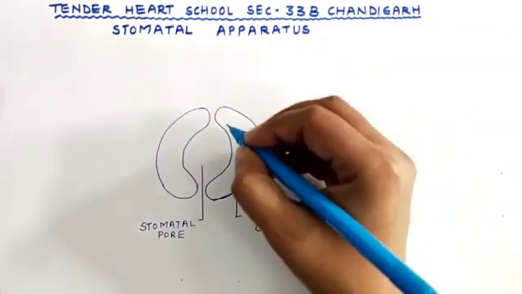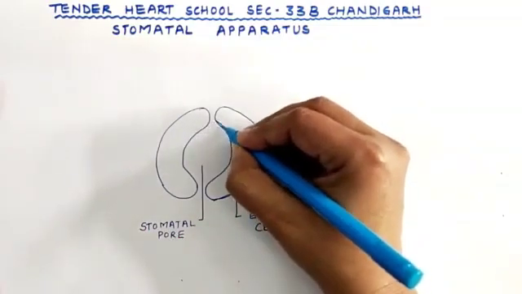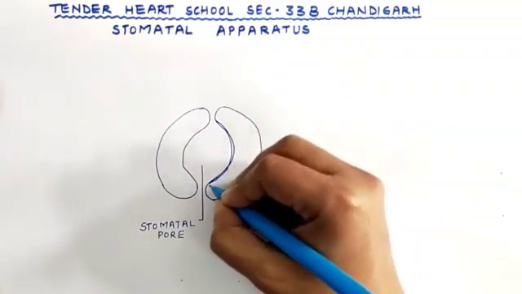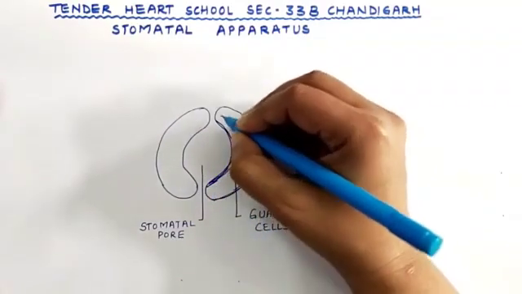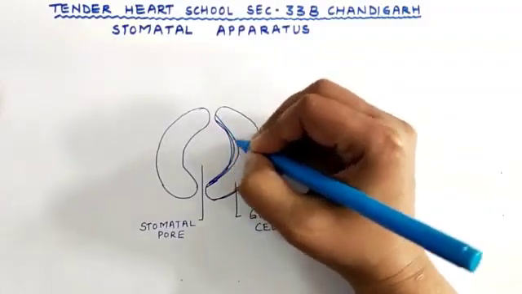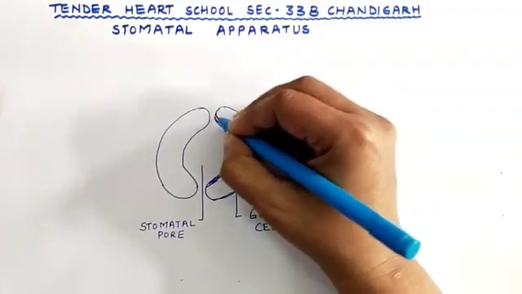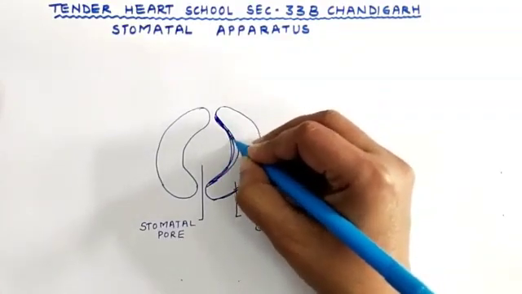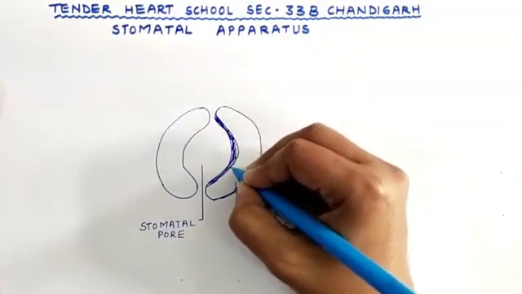Now the guard cells' inner wall is thick, so we will make this one as the inner thick wall. Inner wall is much thicker, so we will make this one as a thicker layer.